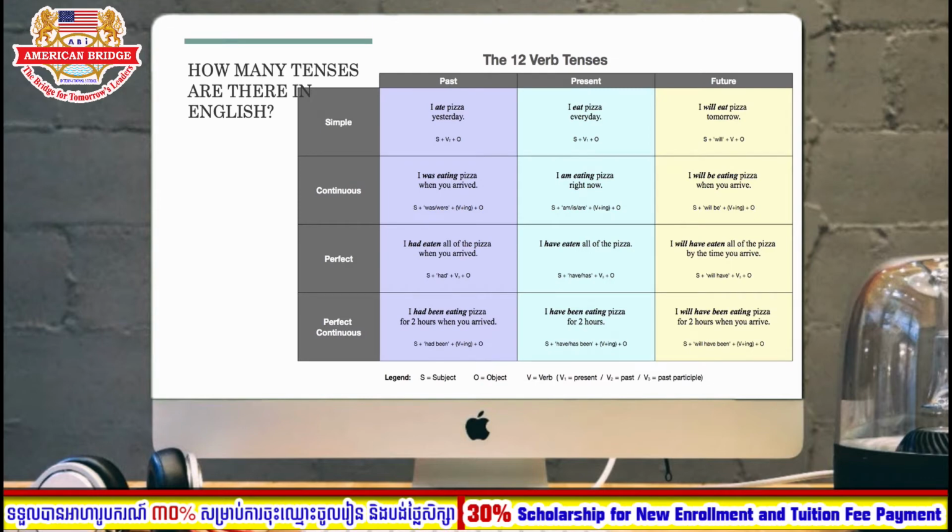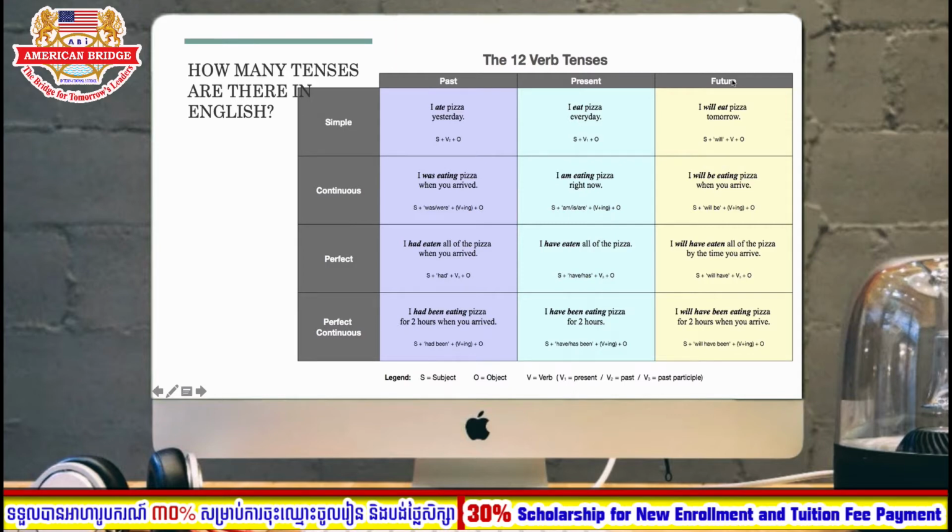As we know since the beginning of your learning journey, English has 12 tenses, right? We have past simple, past continuous, past perfect, as well as past perfect continuous. We have present and future.